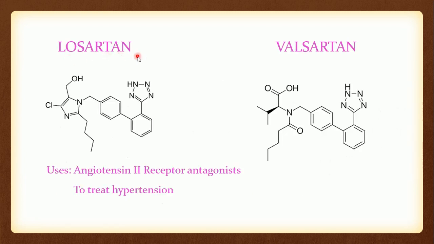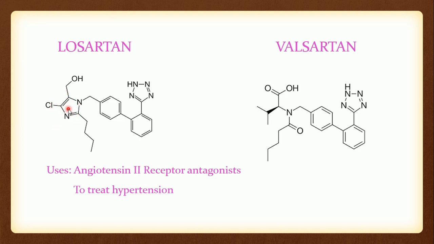Angiotensin II receptor antagonists are losartan and valsartan. Losartan is the drug which contains tetrazole as the basic nucleus. This tetrazole is attached with the phenyl ring. This first phenyl ring is directly linked with one more phenyl ring, and here a methyl group is present between the phenyl ring and the imidazole basic nucleus.